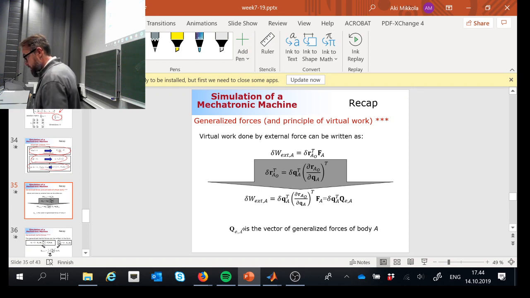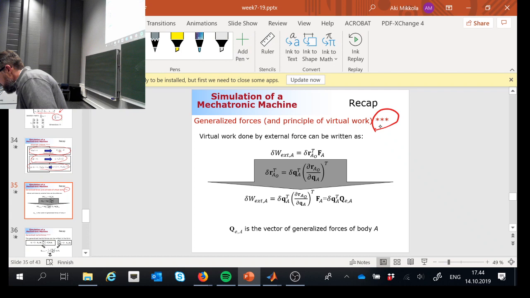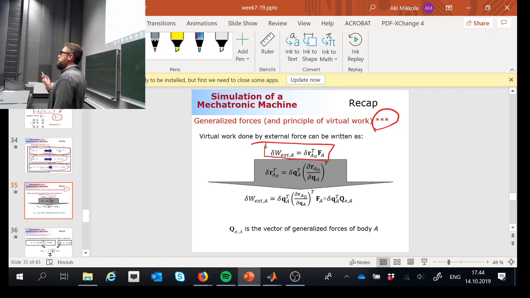Okay, but now this. Generalized forces, principle of virtual work, rated as 3 stars. So it's not necessary to be a master of this topic if you want to score, say, 2 out of 5. You can skip this. Now, how it goes, you have here virtual work done by externally applied forces. And by the way, why do you do this? What's the big picture?